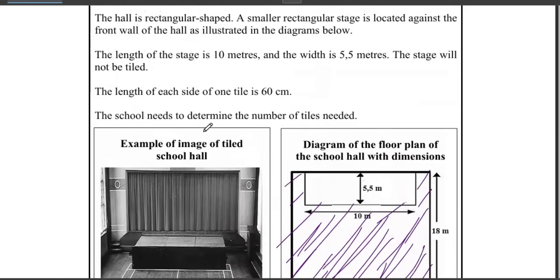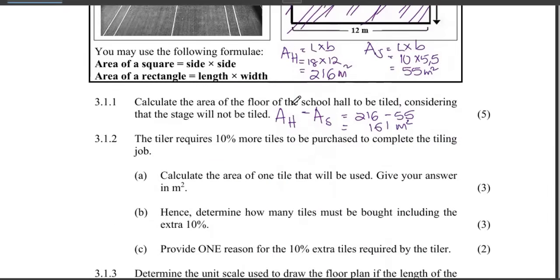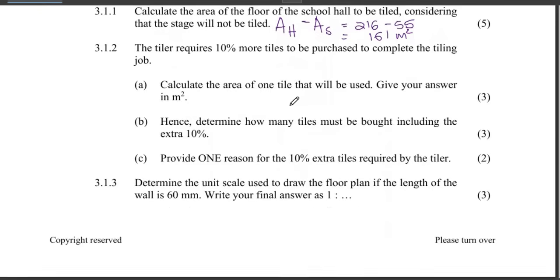The length of the square they have already given us, it's this one here, but it's in centimeters. And why have they given us one? Because they said they are going to use square-shaped dark blue tiles. That means the tiles are in square form. So what we're going to do is to find the area of only one in meters squared.